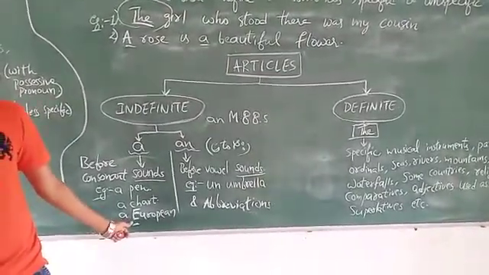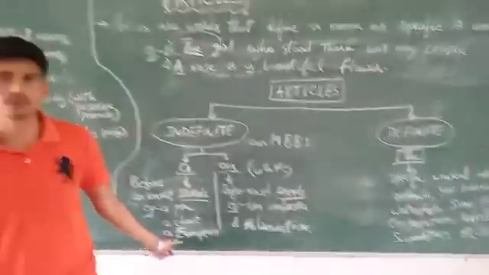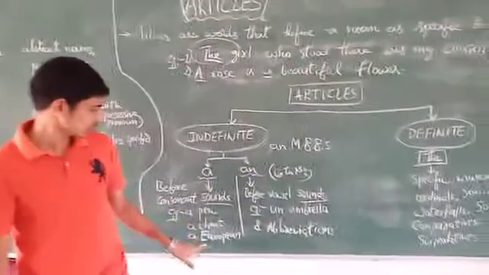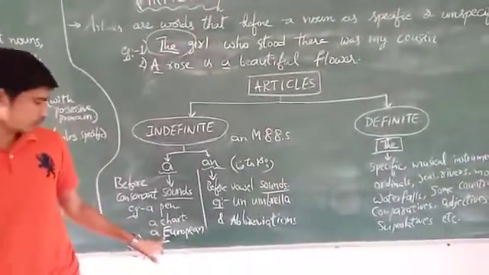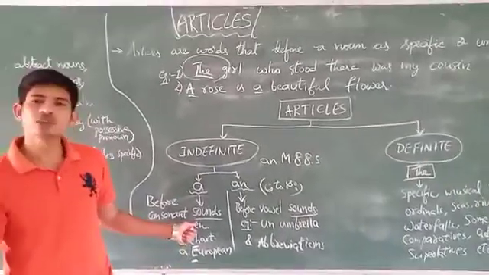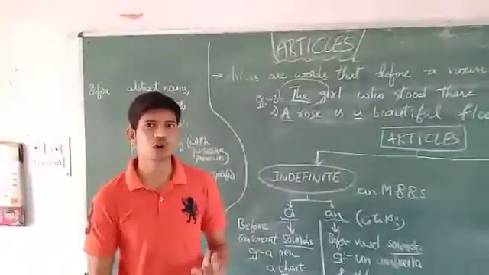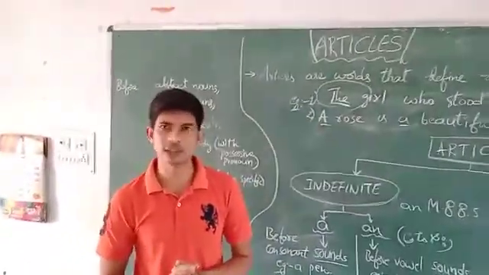Why? Because though E is a vowel letter, it produces a consonant sound. So more than the letter, sound is important in deciding the articles. You should always consider the sound, not the letter.